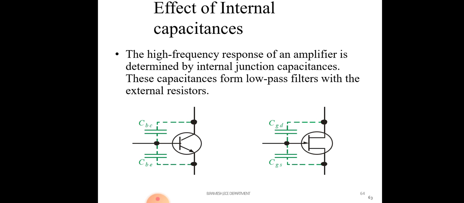A high pass filter allows the high frequency and stops the low frequency. So this is the internal capacitance for BJT and FET: CGD and CGS, the gate to drain capacitance and the gate to source capacitance.